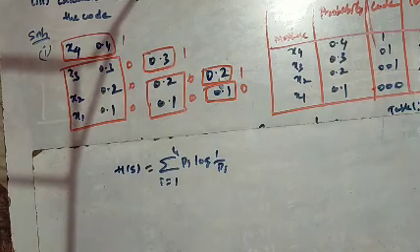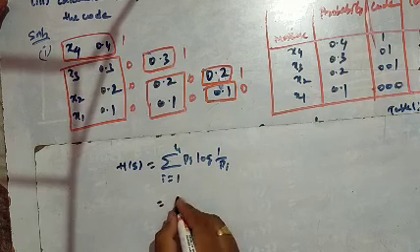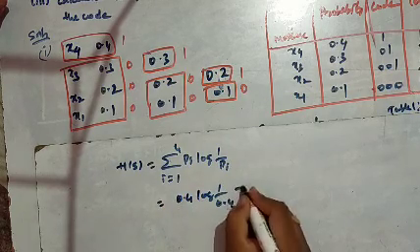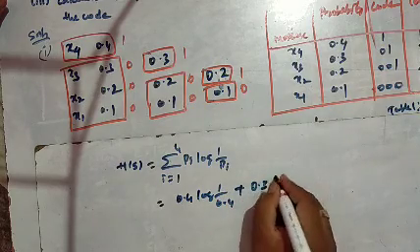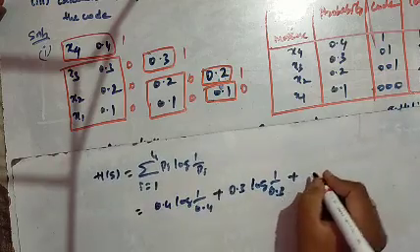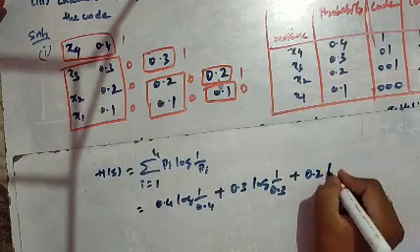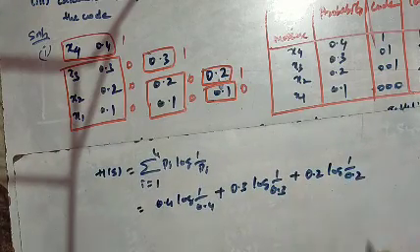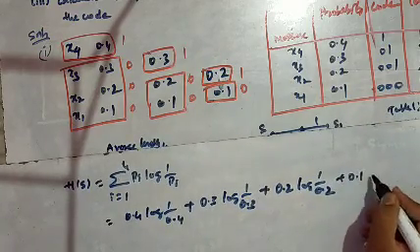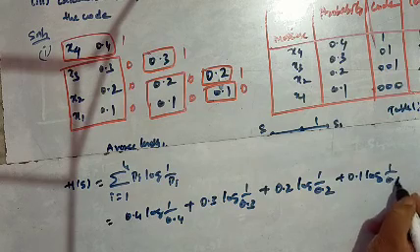On solving, this is 0.4 log 1 upon 0.4 plus 0.3 log 1 upon 0.3 plus 0.2 log 1 upon 0.2 plus 0.1 log 1 upon 0.1.